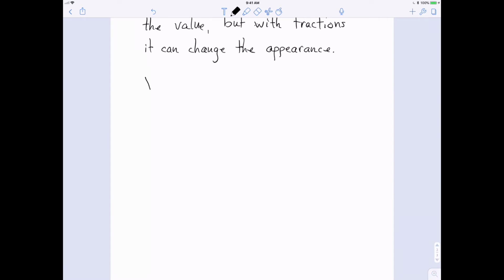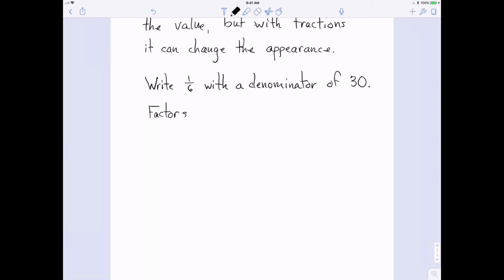So let's try, I have a few examples here for you. Here's our first one. Write 1/6 with a denominator of 30. All problems begin with factors.